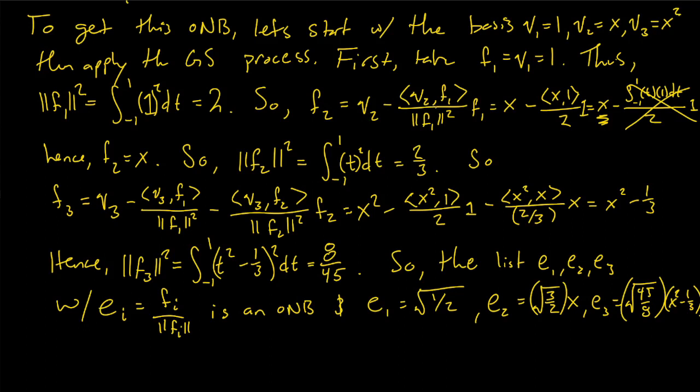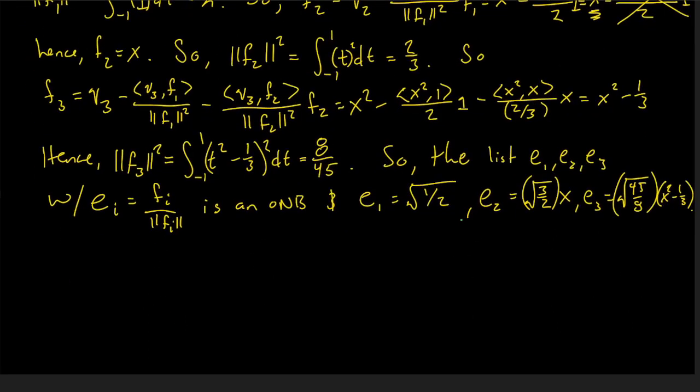Then we find f3 by taking v3 and subtracting off the part of v3 that's not orthogonal to f1 and the part that's not orthogonal to f2. We're left with only the part of f3 that's orthogonal to both f1 and f2. Then just normalizing, dividing by the norm, we're set to go. Cool. So let's use this list right here and go back to what we were talking about before.